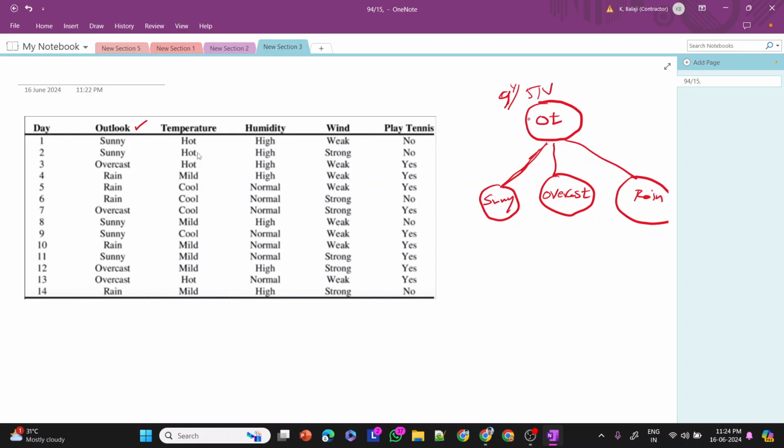After splitting, Sunny has 2 yes and 3 no's. This is an impure split.